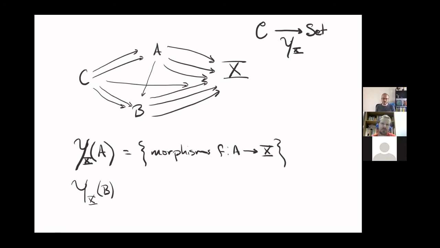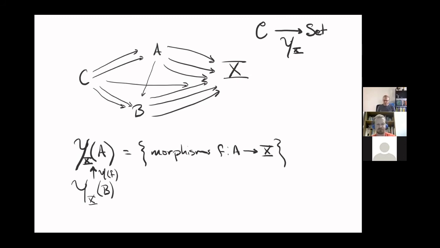It turns around the direction. If I have a morphism from A to B, I get a map from the set for B to the set for A between these two sets. So this would be like Y of f.